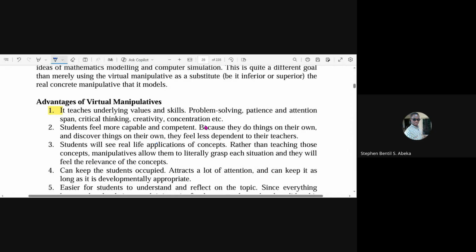Through that, it shows how the child is able to think critically and deploy creativity when using the virtual manipulative device, and it also enhances the child's concentration on the tool being used. Okay, that's fine. It teaches underlying values and skills. You talked about patience, attention, critical thinking, and concentration.